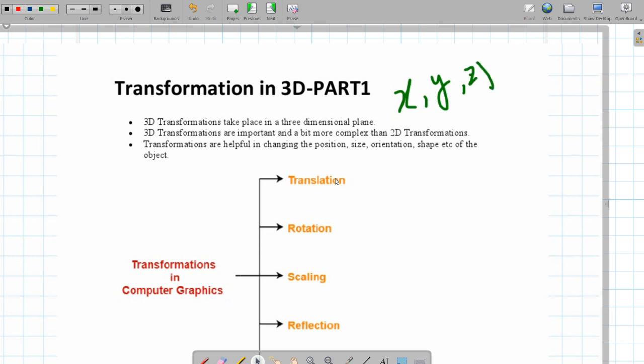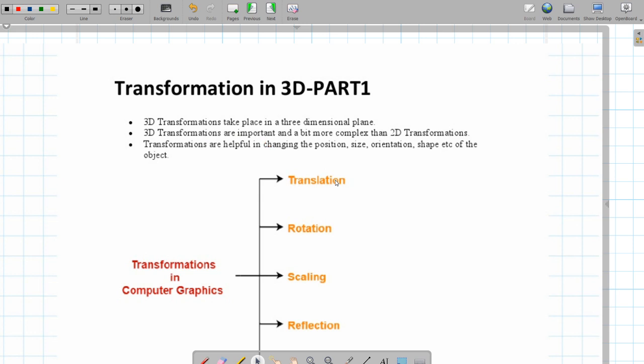For transformation in 3D, you will need to have a deeper look into the three-dimensional perspective itself. Before that, just have a look at other properties. 3D transformations are important.